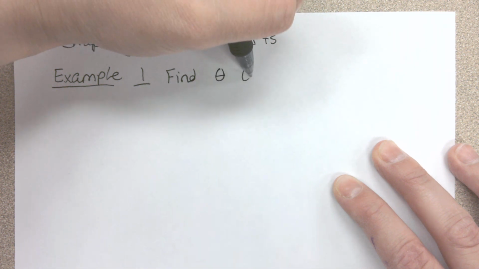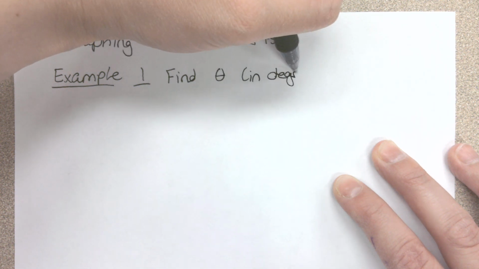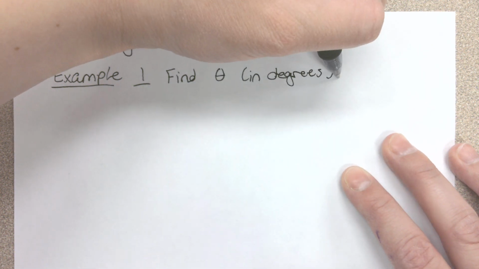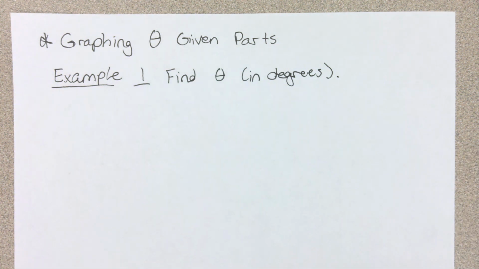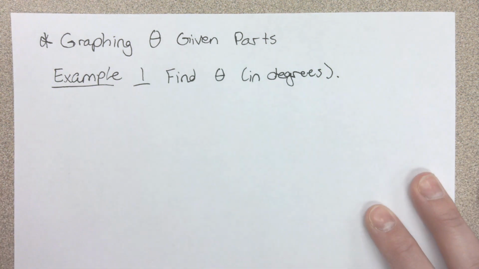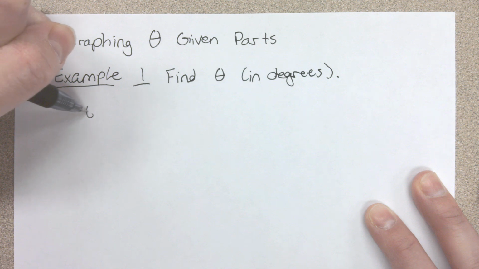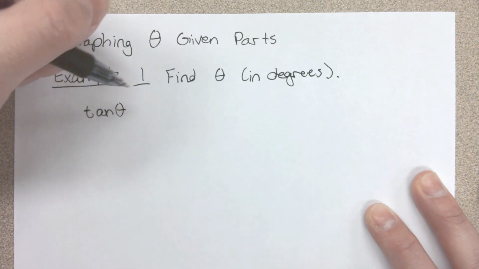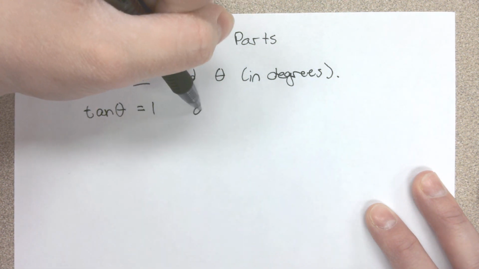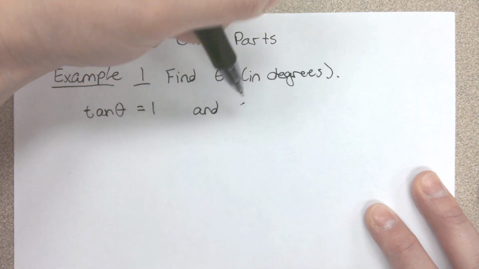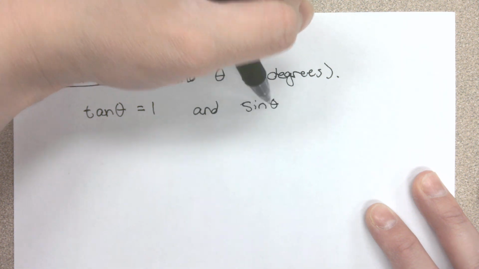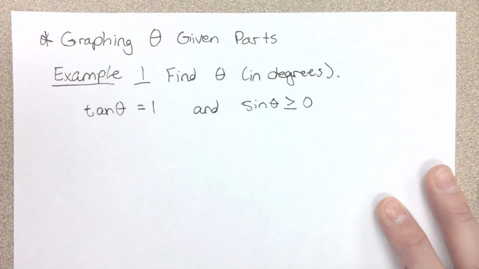Find theta in degrees. We have tangent of theta equals 1 and sine of theta is greater than or equal to 0.